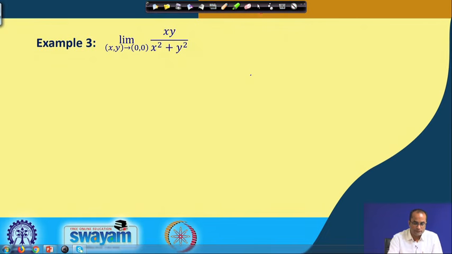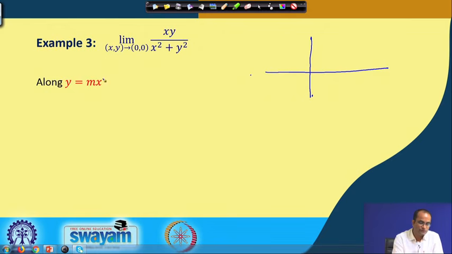So, if we take the next example, x y over x square plus y square, as (x, y) goes to (0, 0). In this case, we are approaching the origin and the function is x y over x square plus y square. So, we take a general path y is equal to m x, that means here y is equal to m x with varying m.